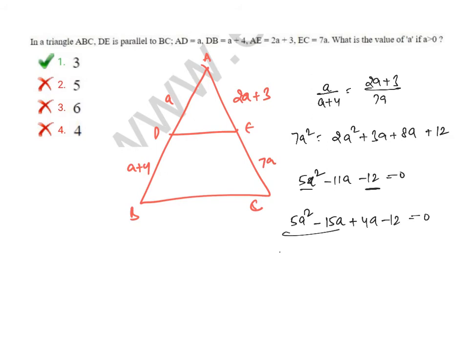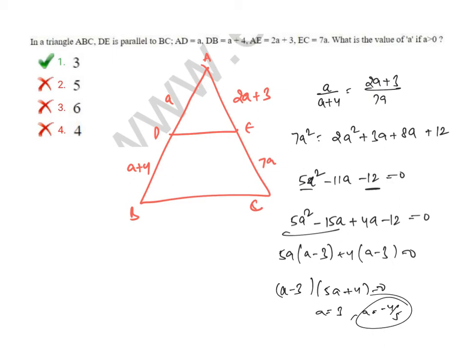You can clearly see 5a you can take common, then a minus 3 plus 4 you can take common, a minus 3 is equal to 0. So you can say a minus 3 into 5a plus 4 is equal to 0. A is equal to 3 and a is equal to minus 4 by 5. Anyway, it is a length, so you cannot accept minus 4 by 5. Therefore, the answer is 3 here.